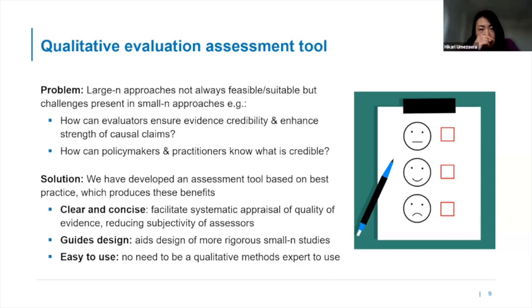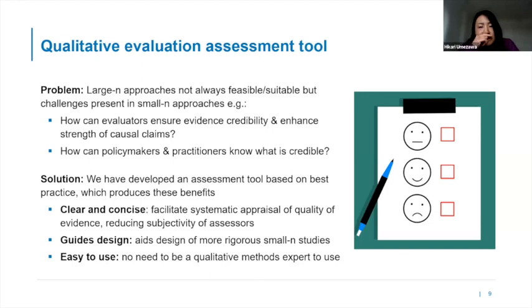So because of this prevalence of qualitative evaluations, we decided to include credible qualitative studies in our EGM, because we want to include as many relevant and credible papers as we can. But the challenge here is, how can we measure the strength of causal claims in small N evaluations? And how can we identify credible qualitative evaluations that the policymakers would find useful?